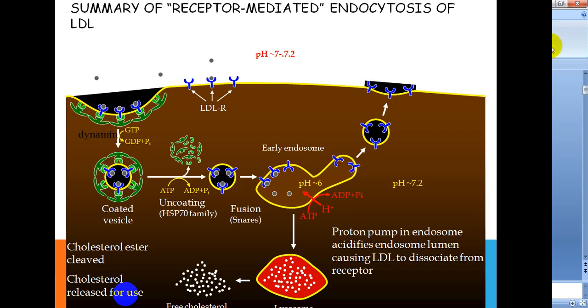So, you can expect some questions like how the process of receptor mediated endocytosis occurs, describe its mechanism, or how cholesterol is released for use in a cell through the process of receptor mediated endocytosis.